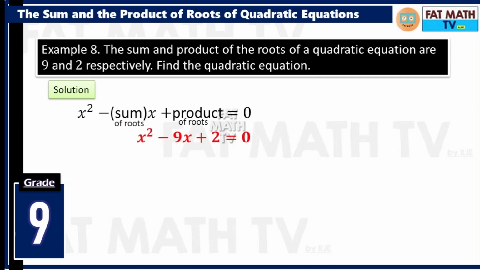So x squared minus the sum, which is 9 as given in the problem, times x, plus the product, which is 2, so plus 2 equals 0. And this is your final answer. So it's very easy if the given is sum and product.